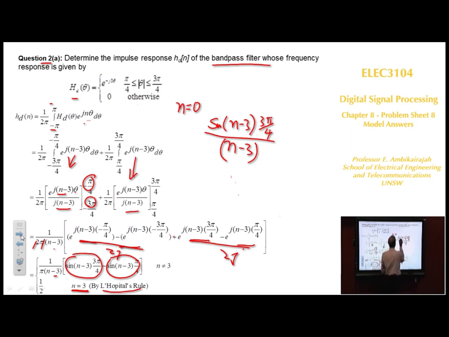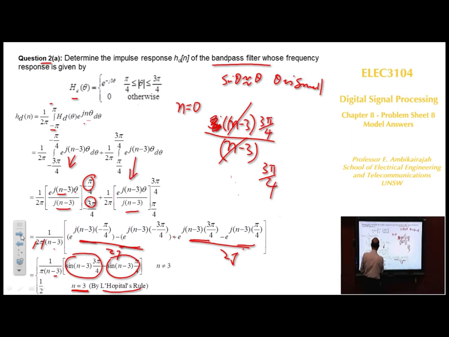Sine theta is approximately equal to theta when theta is small. Same thing, if you think of this as a theta and this is theta, so that and that cancel out, you get 3 pi over 4 for this part.